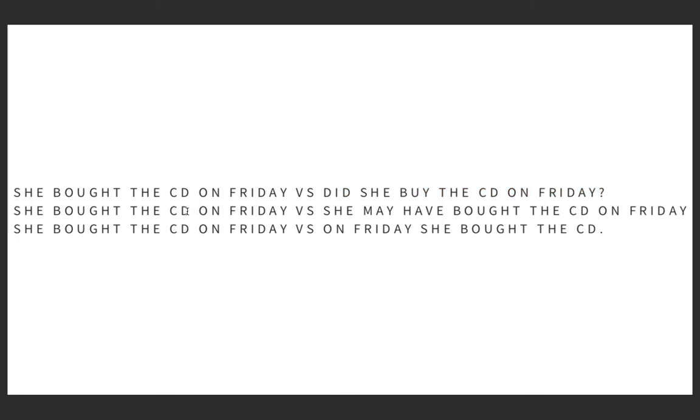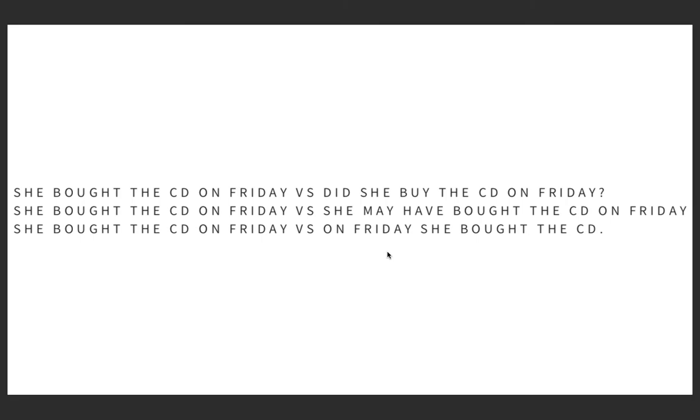So that's that. Number two is "She bought the CD on Friday" versus "She may have bought the CD on Friday." This pertains to the usage of modality. Specifically, it pinpoints a particular linguistic item, may. So, although there is a difference in the wordings, there will also be a difference in terms of its meaning and its function.